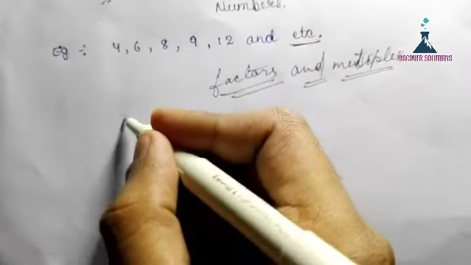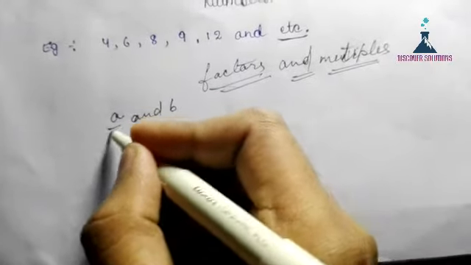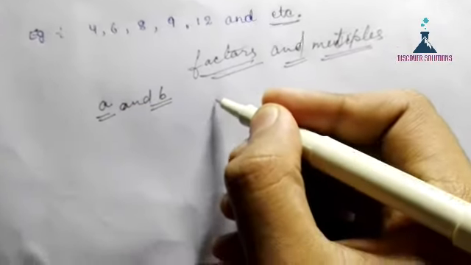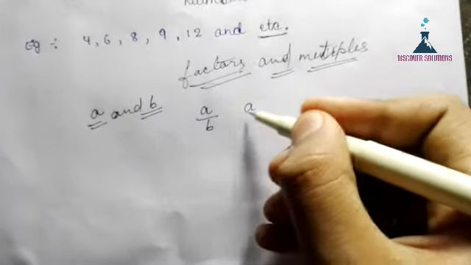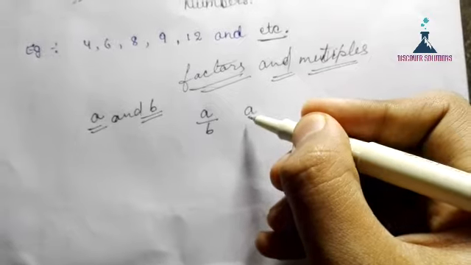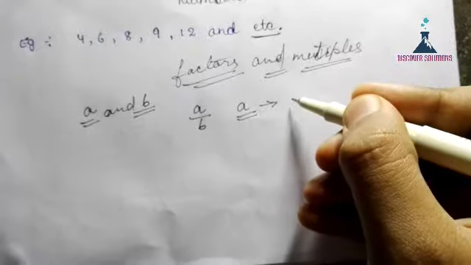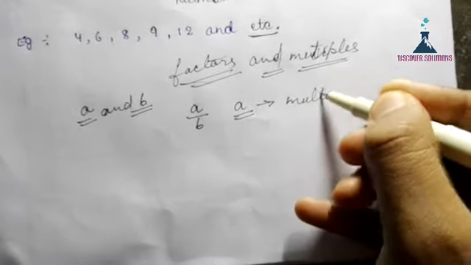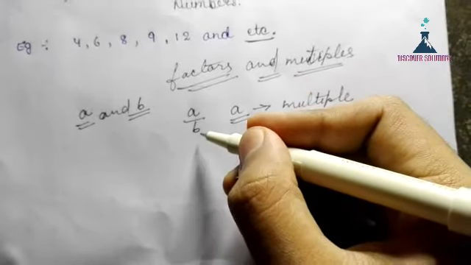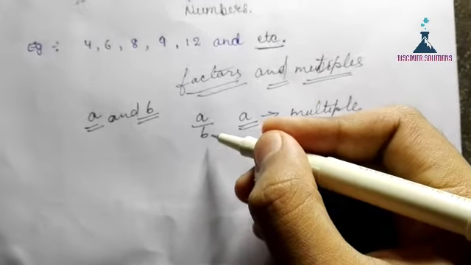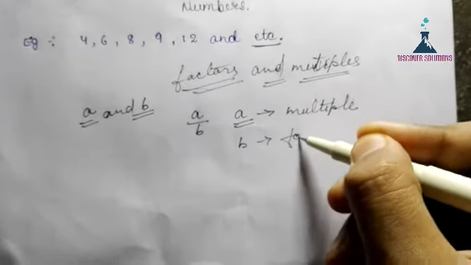Suppose friends, we take two numbers a and b, and suppose we divide a by b. If a is completely divisible by b, then a is termed a multiple. And if any number divides another number completely, here you can see that b is the number which divides a completely, so b is termed a factor.